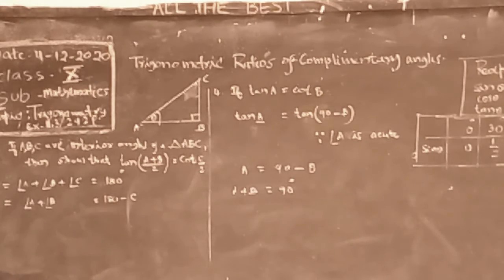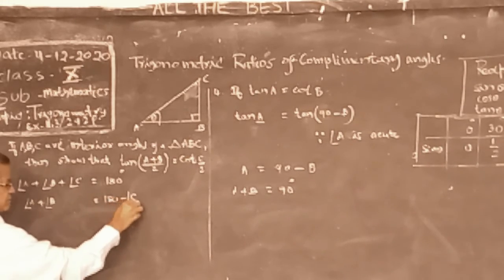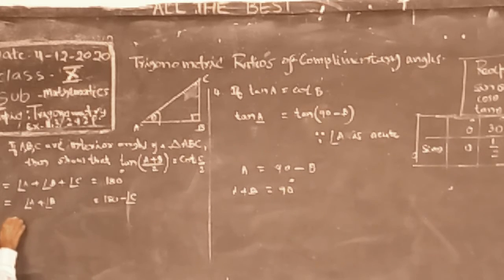Sometimes he will give B plus C, so let us keep B plus C on the left side and send A to the right side. Now in the question asking A plus B by 2, so let us write A plus B as 180 minus C.